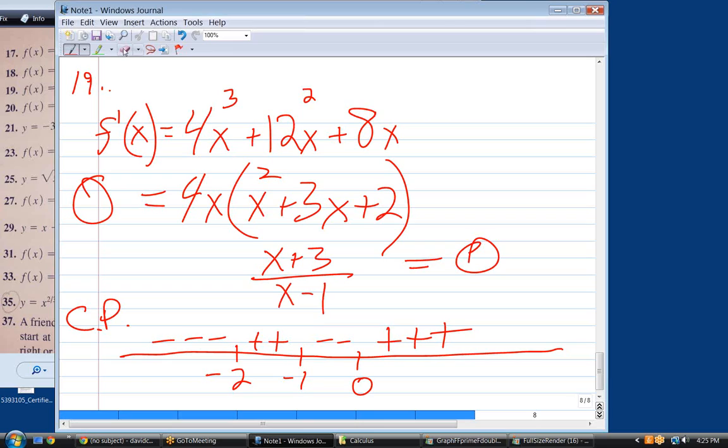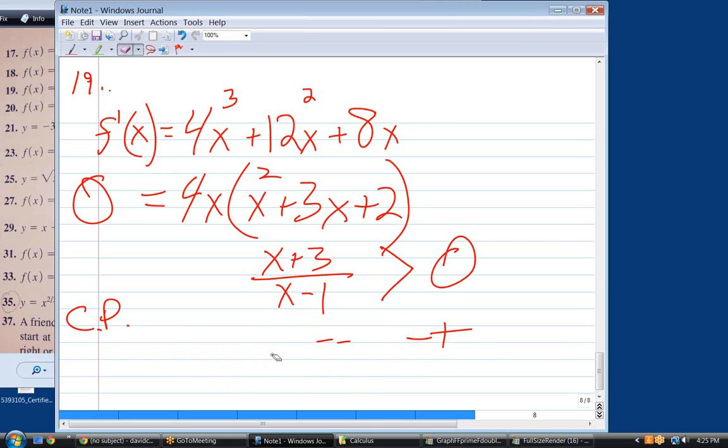If I say (x + 3)/(x - 1) has to be greater than 0, what are the critical points? Whatever makes the denominator 0 or the numerator. So 1 and negative 3. And then I do my line chart. I put 1, I put negative 3.